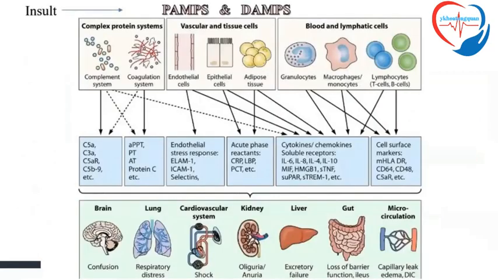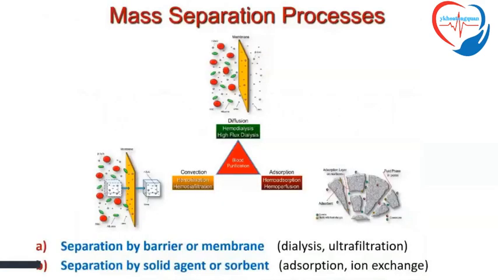In the acute patient, we know that insults may lead to accumulation of pathogen and danger-associated molecular patterns that activate a protein system, vascular and tissue cells, blood and lymphatic cells, with a cascade of events leading to activation of coagulation, presence of complement activation, presence of cytokines, chemokines, etc., that in turn may affect different organ function.